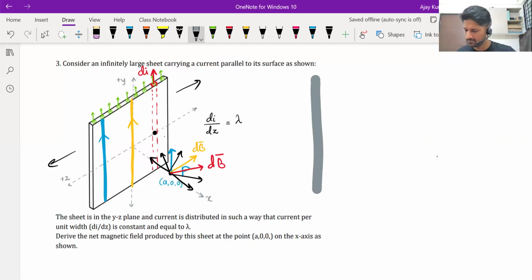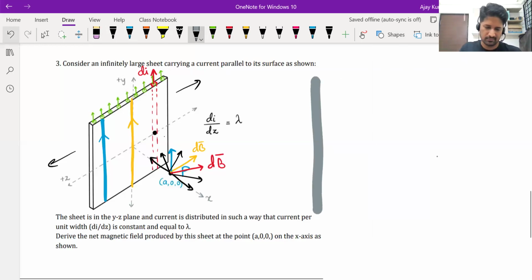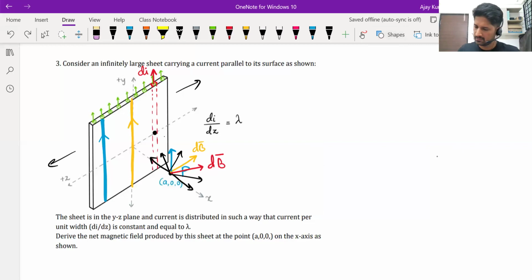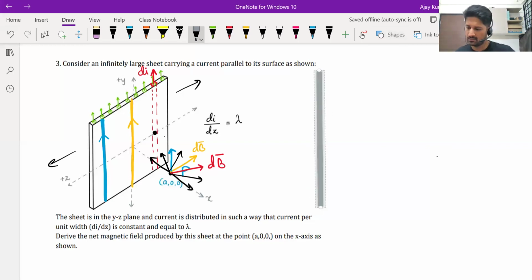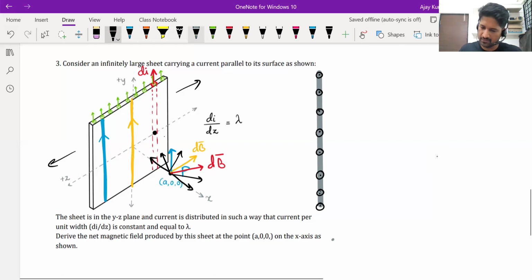So if you see from above, there are many streams of current. You're looking from above, which means you are on the positive y-axis, and the point where we want the magnetic field is on the positive x-axis. That is clear from the diagram also.